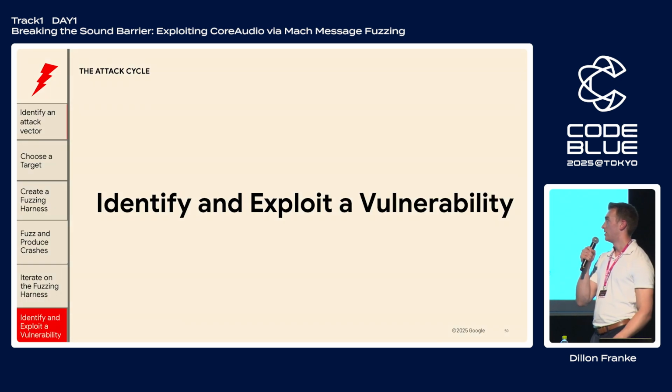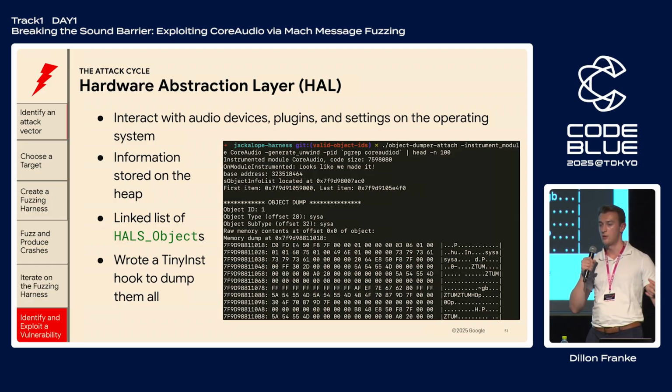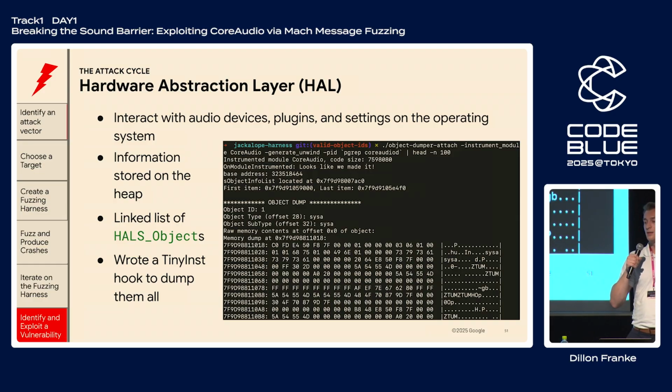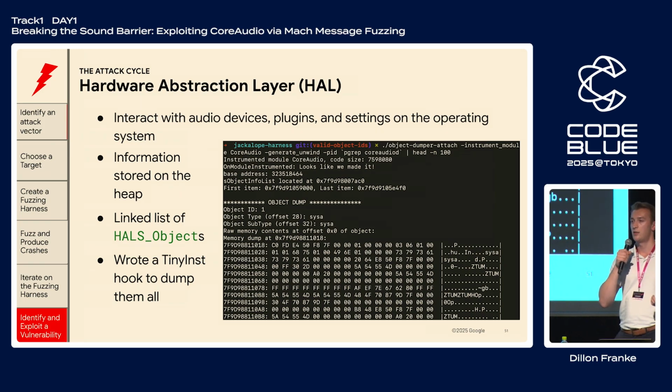Perfect. The last step was then to identify and exploit a vulnerability. I'll give you a little bit of background on this vulnerability. First, we'll talk about the hardware abstraction layer. This is a layer that our service was interacting with that manages audio devices, plugins, and settings on the operating system. So when you're messing with the volume or you're plugging in a new audio device, it's interacting with the hardware abstraction layer.